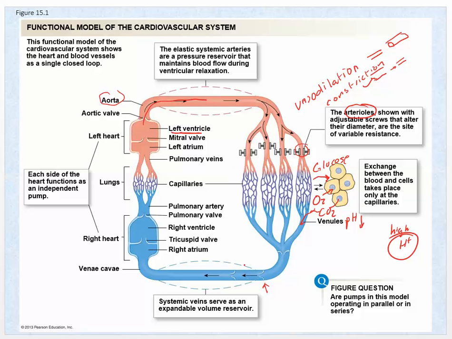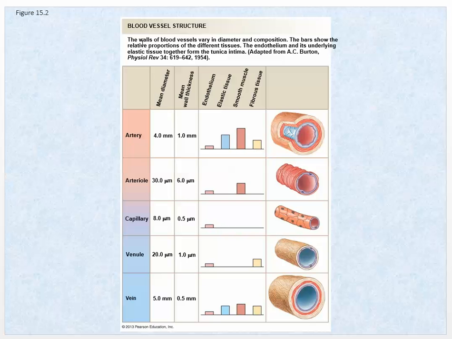Your muscles will actually squeeze it, and these one-way valves keep it moving in this direction, and it goes back to the right atrium, right ventricle, and then to the lungs where it picks up more oxygen. And it just keeps doing this all the way through the body. So you've got the systemic circulation here, and then you have this smaller pulmonary circulation here. So that's your review of what's going on with a little bit of new information.